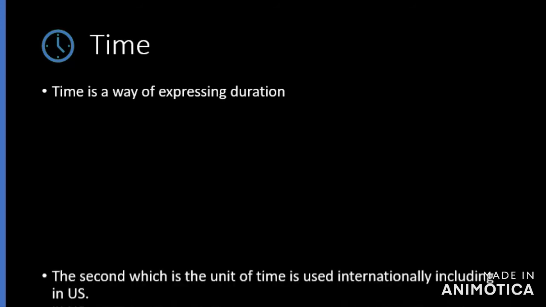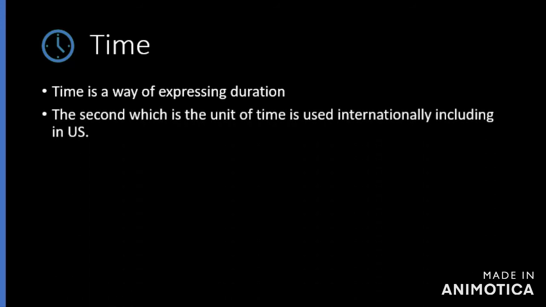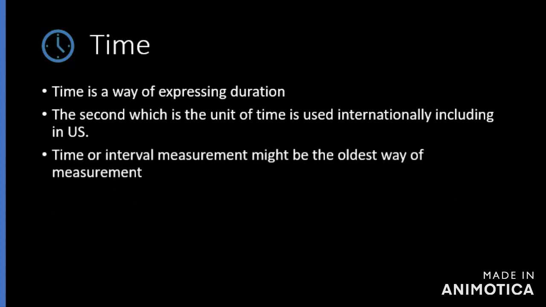You've probably heard of the phrase time before, right? Time is a way of expressing the duration or the interval between occurrence of things. The second is used as the unit of time, and it's used internationally in every country, including countries that use the metric system.